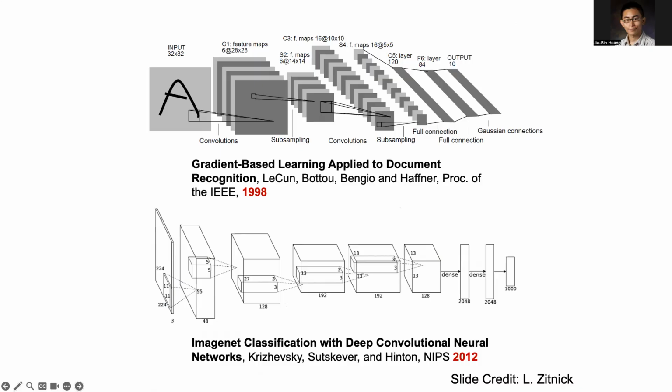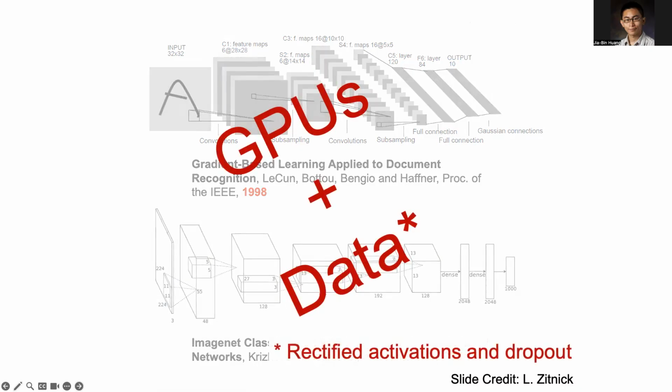The architecture and the working principle are still the same. The only thing is that we now have more GPUs and we train on a lot more data. Okay, so algorithm-wise, there's not much improvement. Maybe just the rectified linear activation, and during training we have some dropout. That's architecture and algorithm improvement.